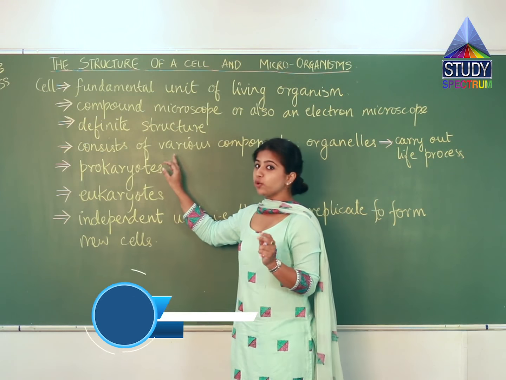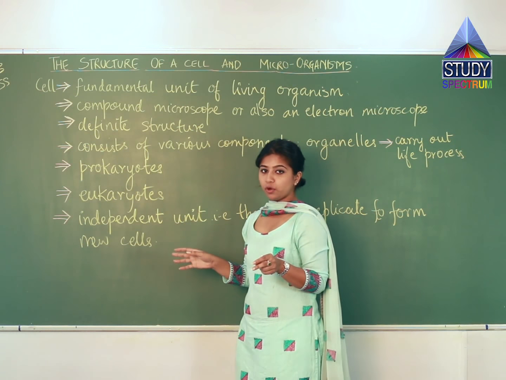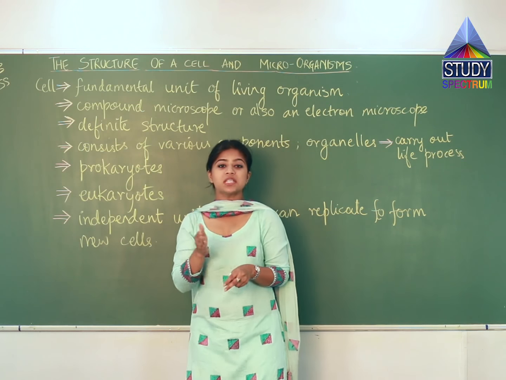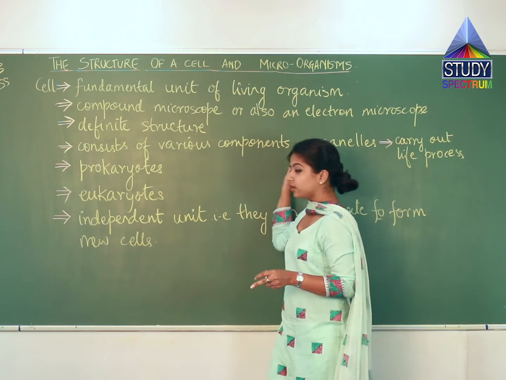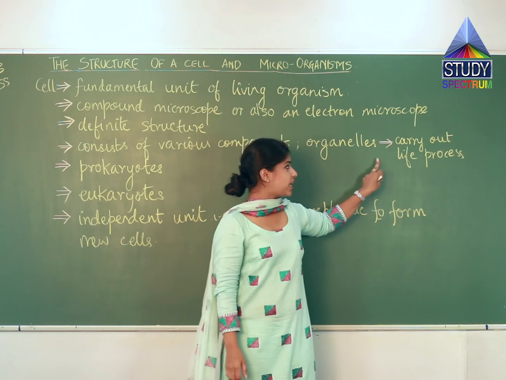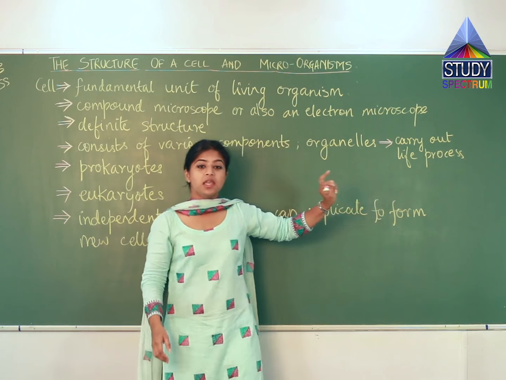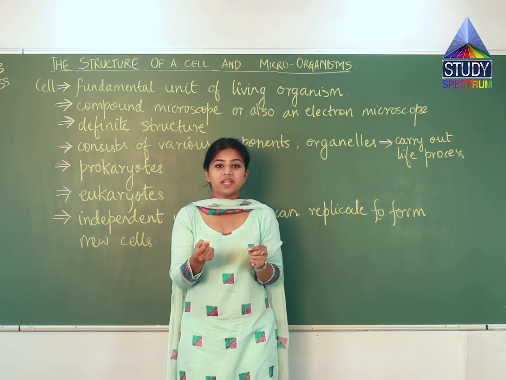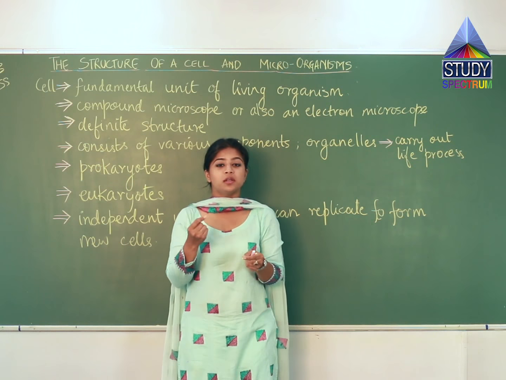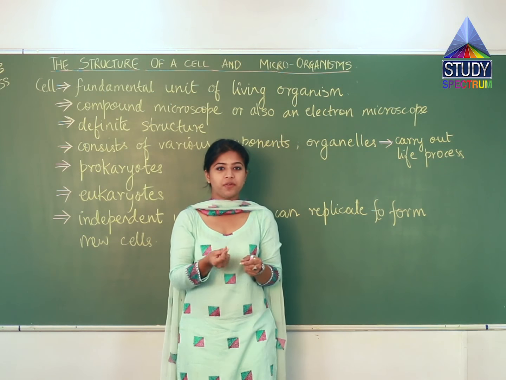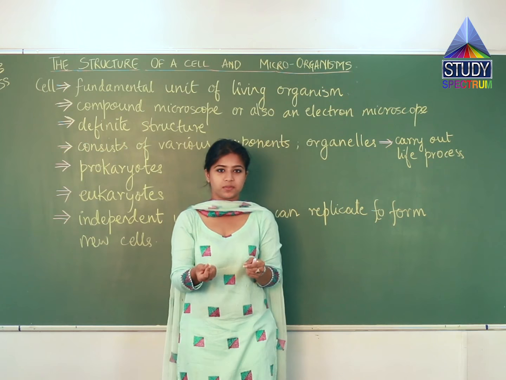We can observe a cell under a compound microscope, but the cell's components, the organelles that carry out the life processes, are so infinitesimally minute that you cannot observe them under a compound microscope, which gives a magnification of around 100 times.